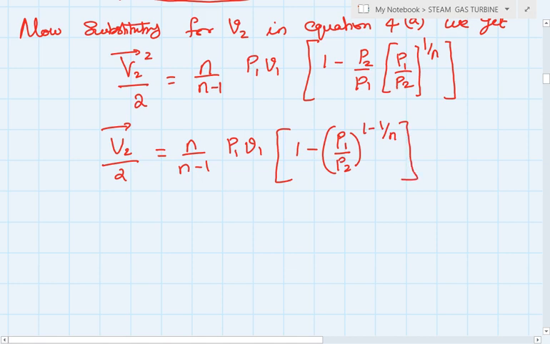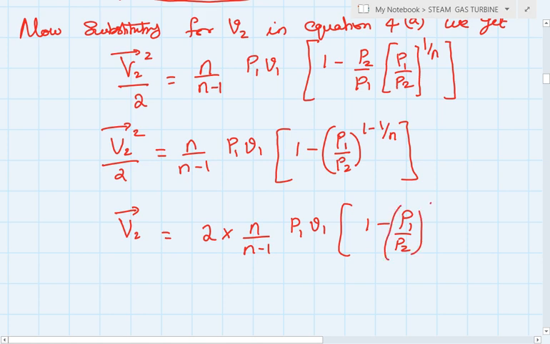So if I simplify this particular term, I'll get this equation. Further, V2 square by 2 equals n divided by n minus 1 P1 V1 into 1 minus P2 by P1 to the power of 1 minus 1 by n.